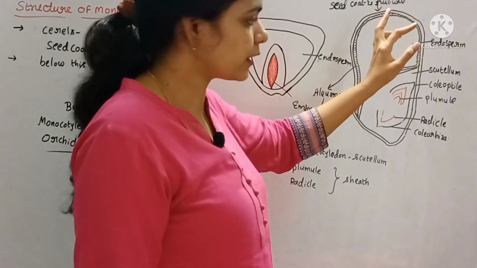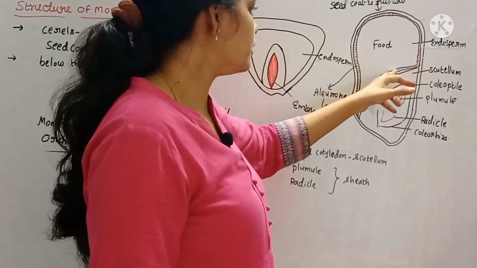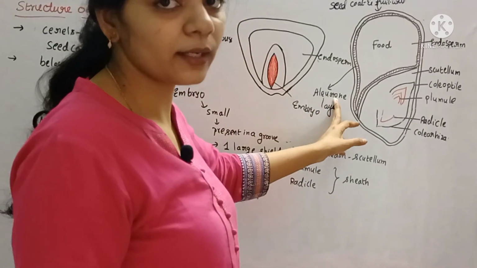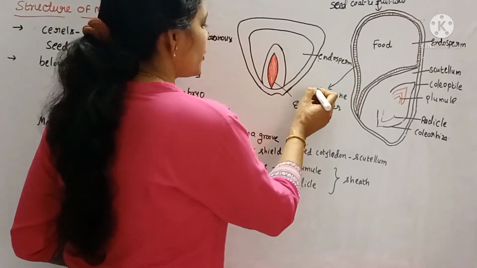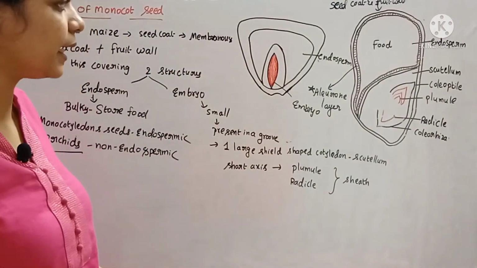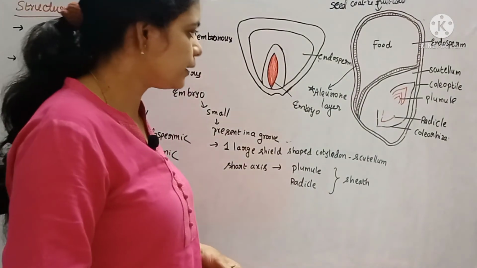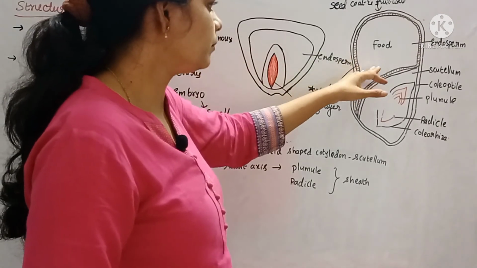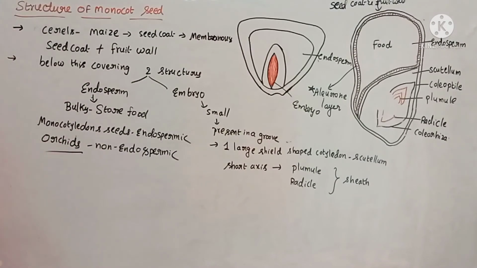One more thing I forgot to tell you: the endosperm is covered by a protein layer called the aleurone layer. What is present around the endosperm? The aleurone layer is present around the endosperm, and below this endosperm the embryo is present.